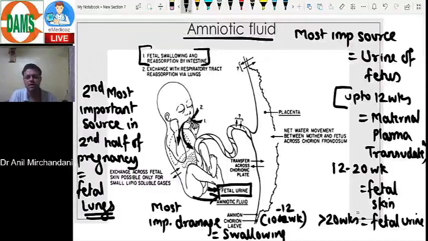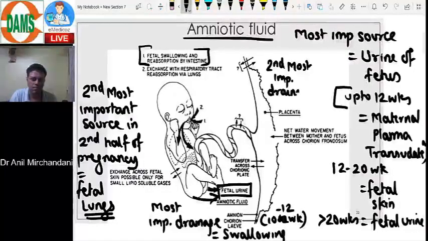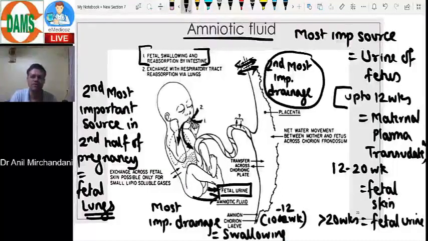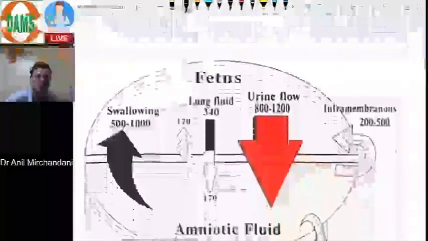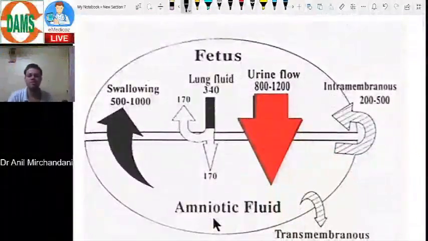Yeah, guys, second most important drainage would be intramembranous transfer. I said second most important drainage would be intramembranous transfer. Let me show you the slide of the balance of amniotic fluid in amniotic sac.